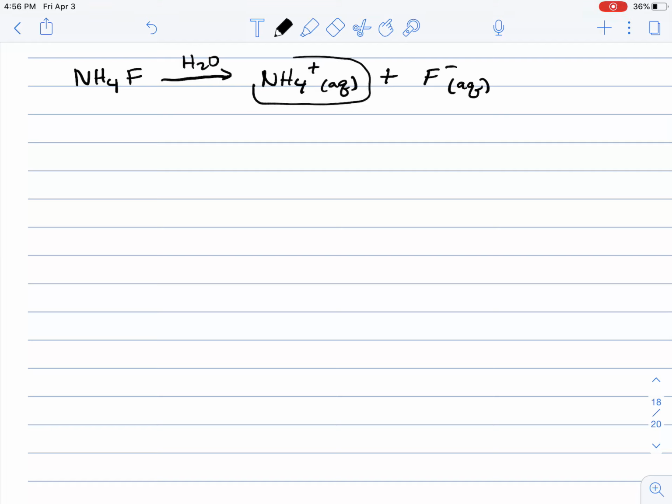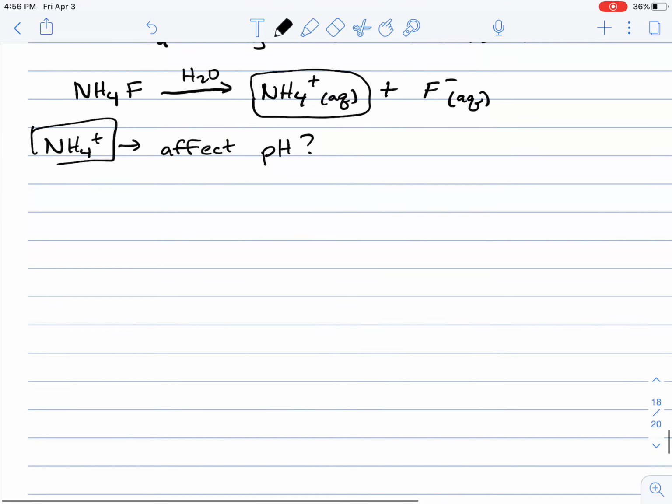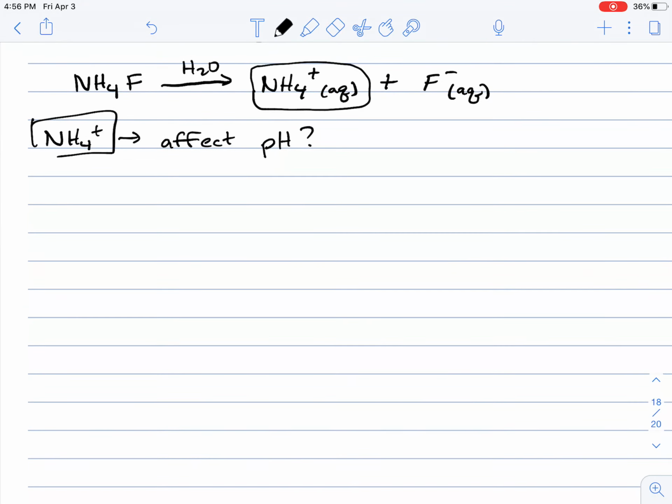So we're going to determine if ammonium is going to affect the pH of the solution. I'm going to just quickly jump into that final answer. I think we've done enough of these that you can figure out the process.